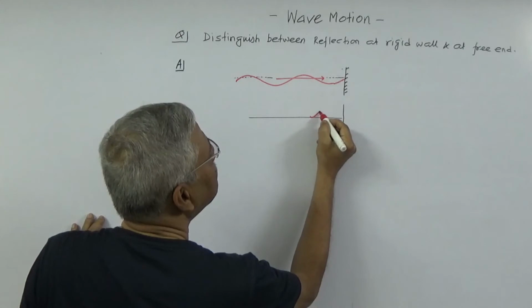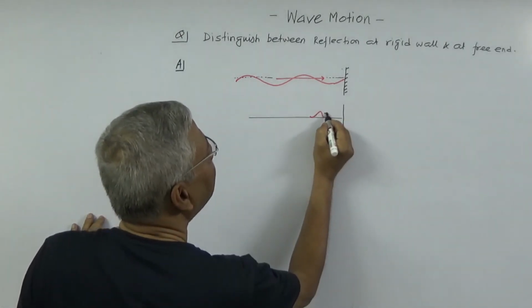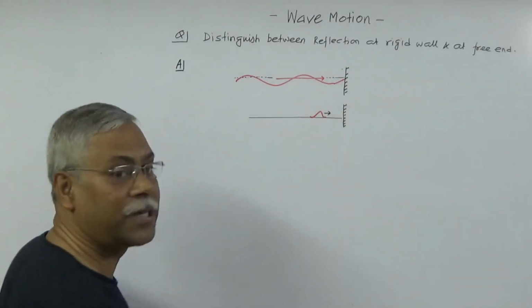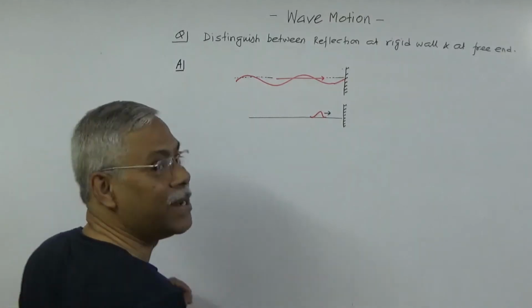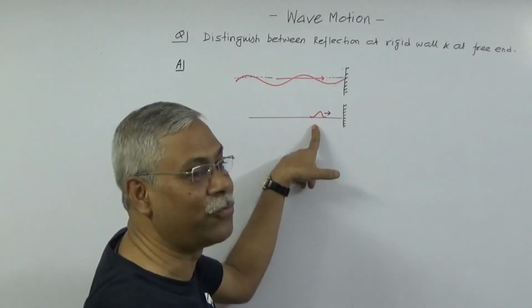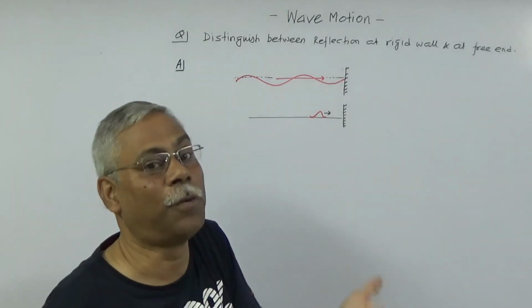This is the pulse traveling in this direction, falls on the rigid wall, and since this is a rigid wall, the phase of the reflected wave will instantly increase by pi. Means the phase will be opposite.